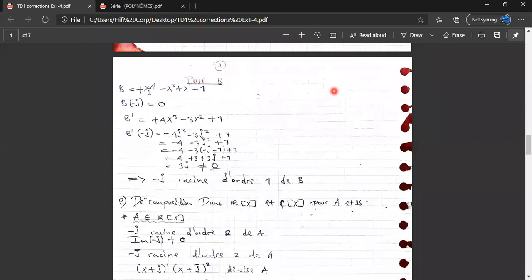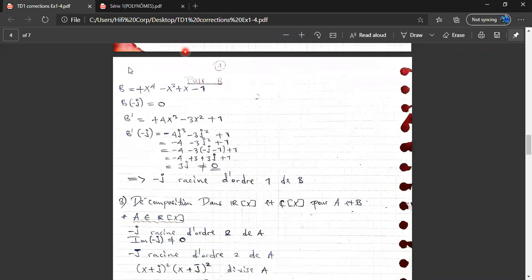The degree of the normal polynomial is equal to 4. This means it's not only negative j which is a racine of this B, because the order of its decomposition must be equal to the degree of the normal polynomial. You're going to understand it more when you do decomposition. The third question, what we're doing. Is it okay there?